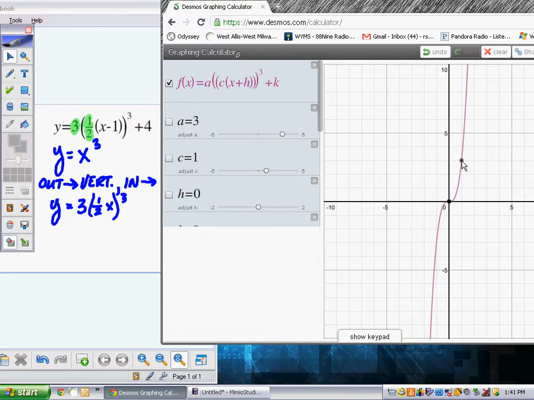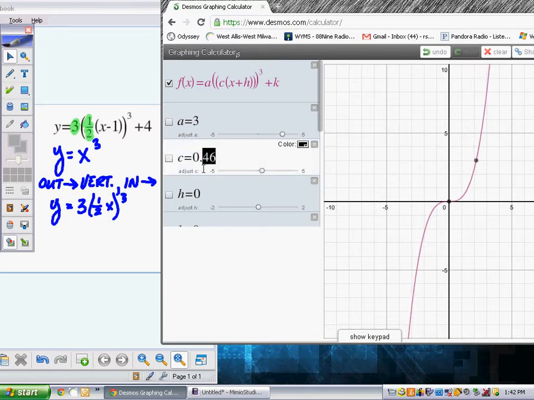So where this input, my x value is 1, it's now going to have to be out at 2 to have that same output of 3. So let's watch that happen. I'm going to change my c value, that's what this is, I'm going to call it my c value, to be 0.5, and you're actually going to see the x's get doubled. It actually gets twice as wide.